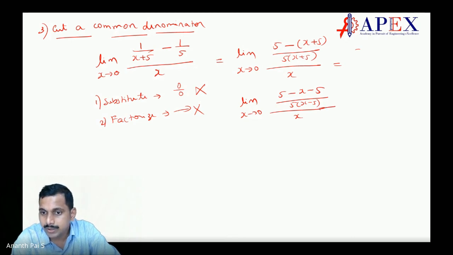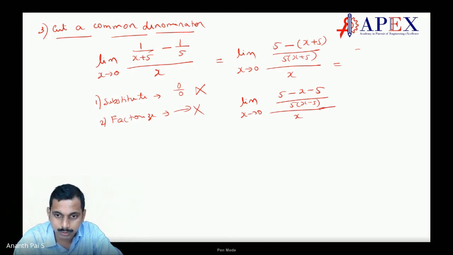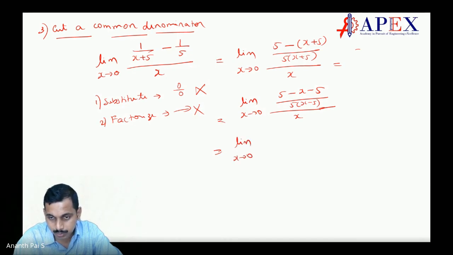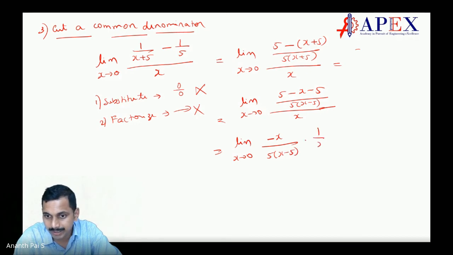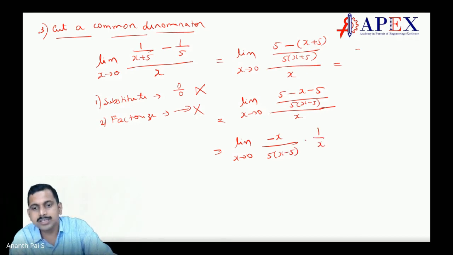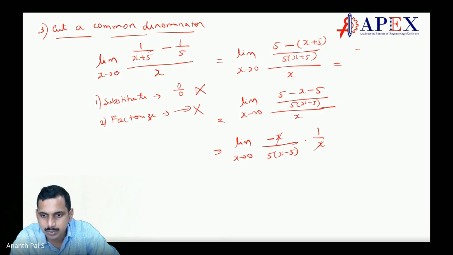So this becomes limit x tending to 0. We get here minus x, divided by 5 into x minus 5, and here you will get 1 by x. You can cancel these two, then try substitution.